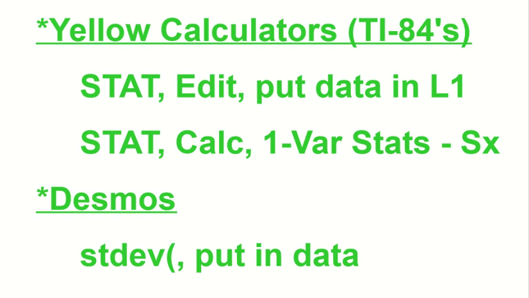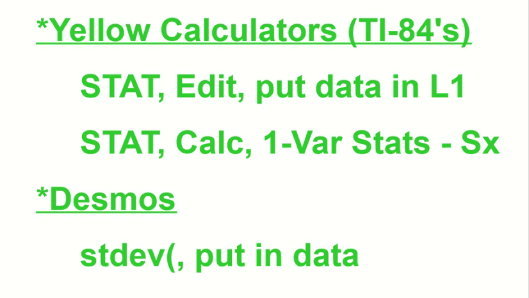Is one way better than the other? Not necessarily. To enter it into L1, to me, takes about the same time as typing in the standard deviation for Desmos. I would probably use the yellow calculators. The reason is some things ask you for more than just the standard deviation.